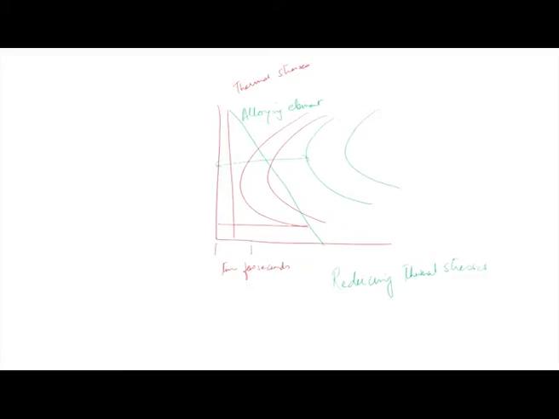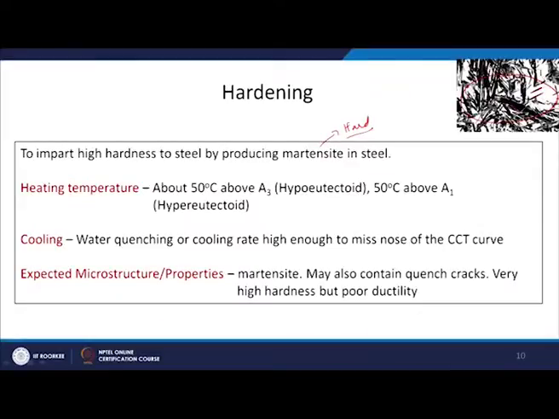That is the idea of adding alloying elements in steel. If you have plain carbon steel, you have to have only water quenching to get martensite. So, that is what we are saying, water quenching or a cooling rate high enough to miss the nose of the CCT curve. I can shift the nose of the CCT curve by adding alloying elements, and then I can do a martensitic transformation by oil quenching also, which is a much less severe process.